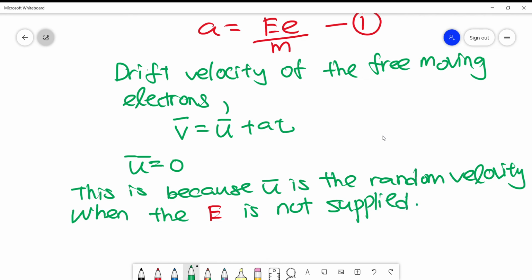Remember we talked about the random velocity: the random velocity has no net velocity.